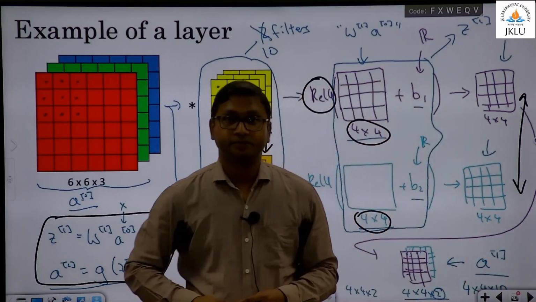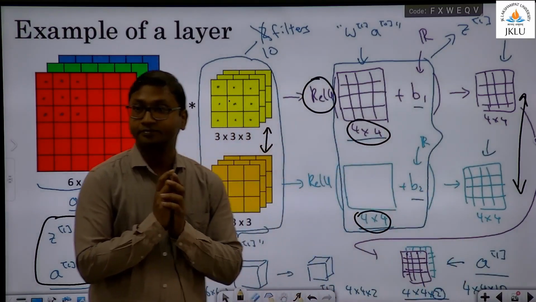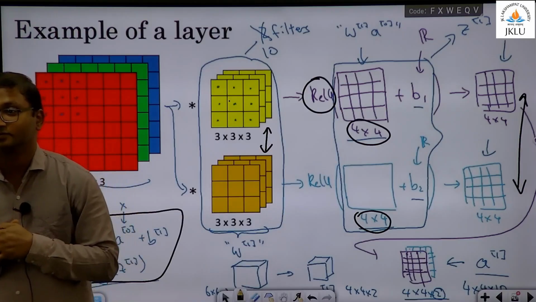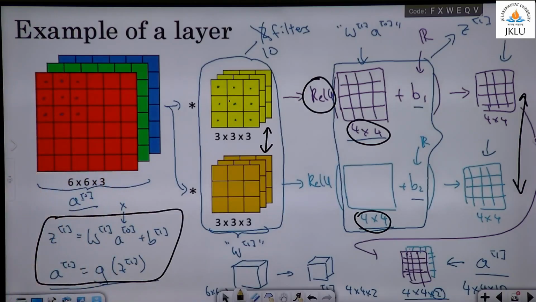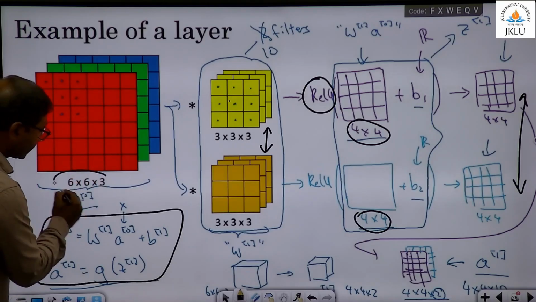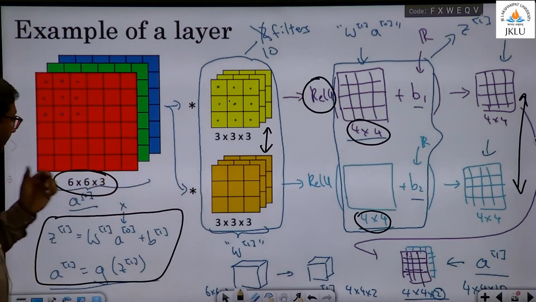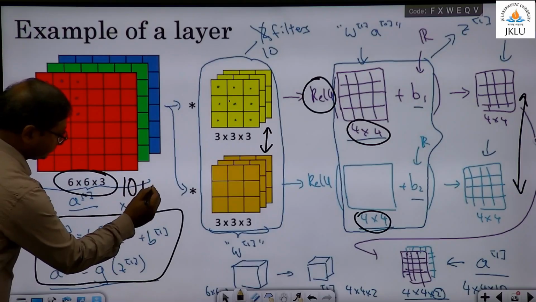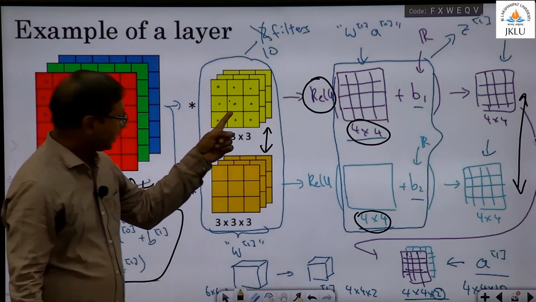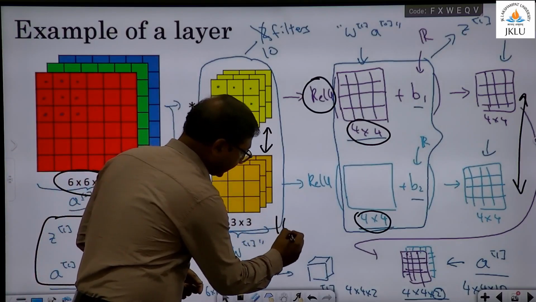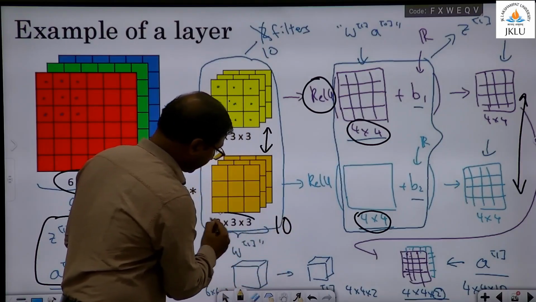Any questions here? More questions here? So if I have a 6 cross 6 cross 3 image size data set, I have 10,000 such images. I have 10 filters of size 3 cross 3 cross 3.